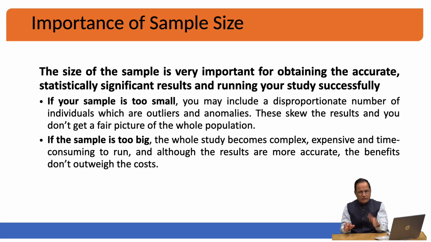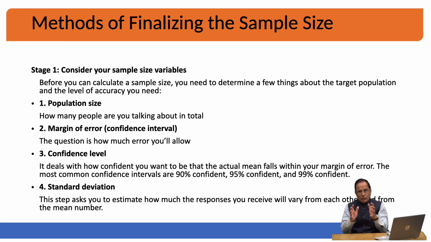One is a formula, which is given on your screen, which can be used for calculation of sample size when the population is not infinite. Whereas when the population is infinite or unknown to the researcher, then the second method is that already prepared population tables are available. These tables can be used for finalizing the sample size.